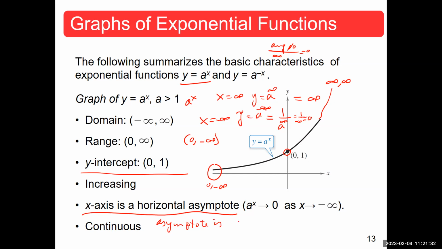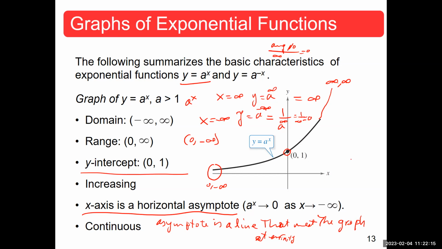An asymptote is a line that meets the graph at infinity. Okay, so that's the definition of an asymptote.